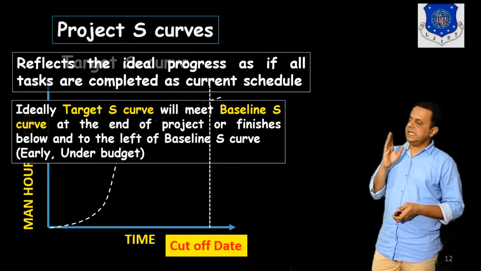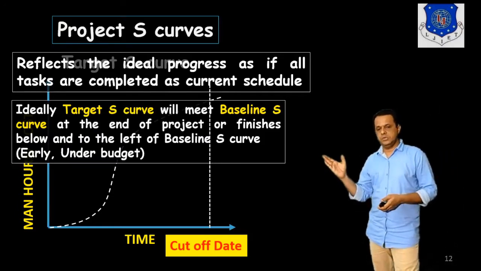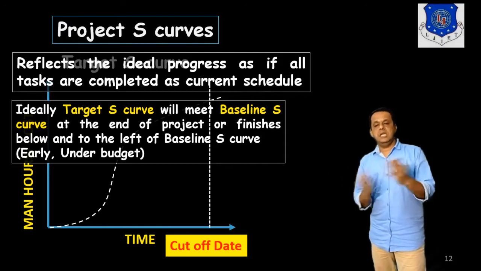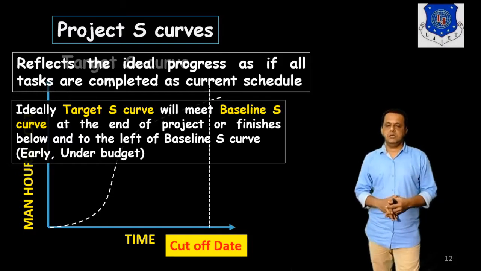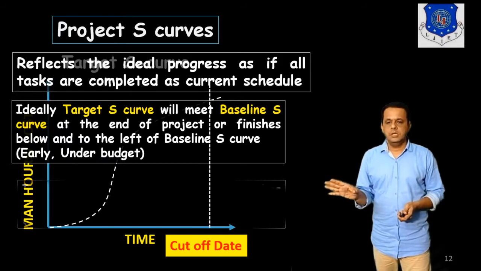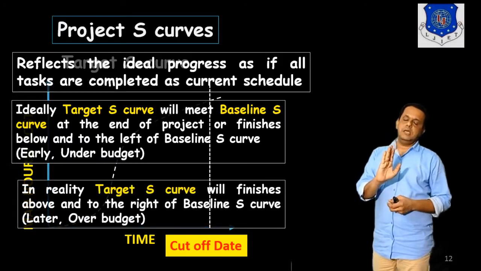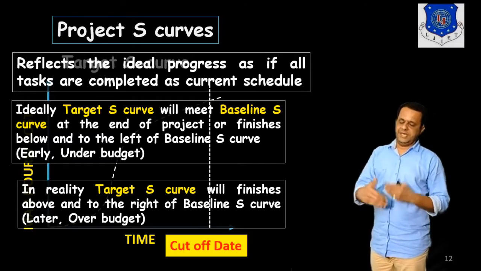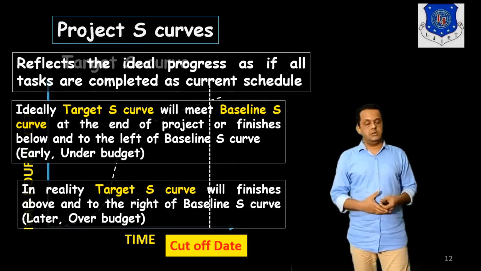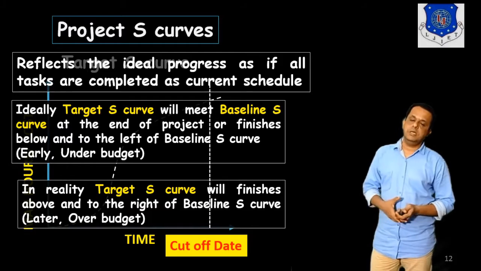And ideally the target S-curve will meet the baseline S-curve at the end of the project or finish below and to the left of the baseline S-curve, say early or under budget. And in reality, most of the time it will exceed the time and be over budget, so we'll be finishing above and to the right of the baseline S-curve.